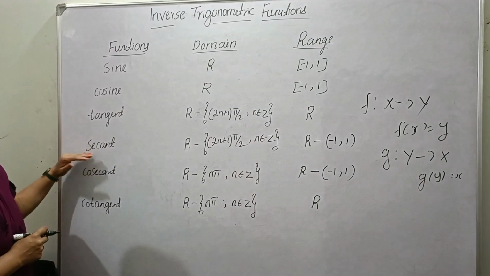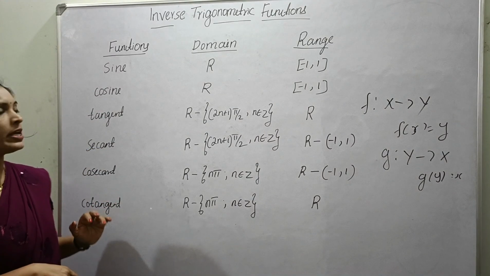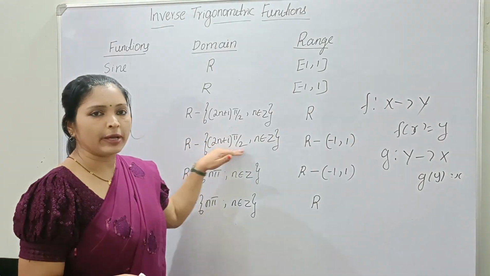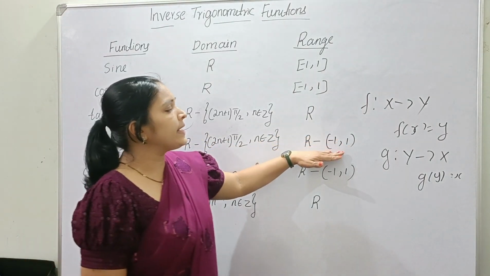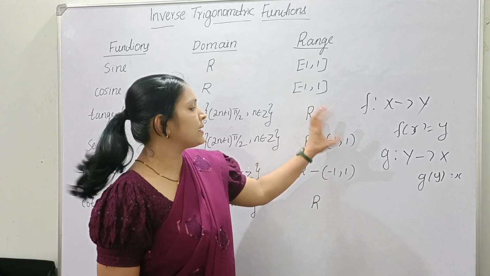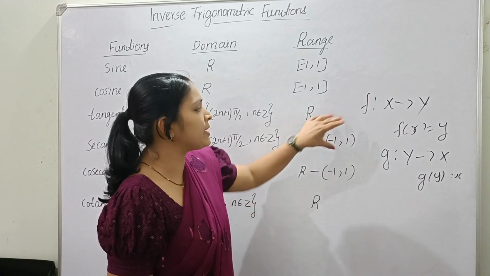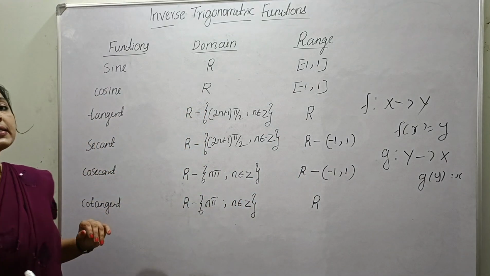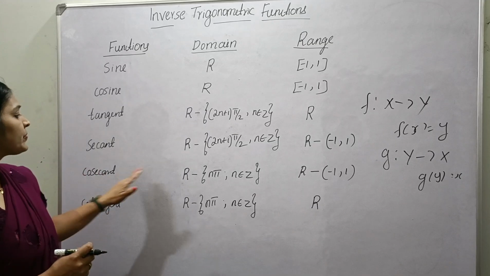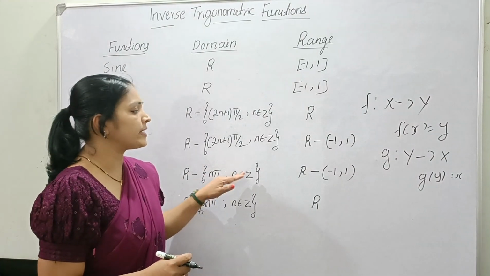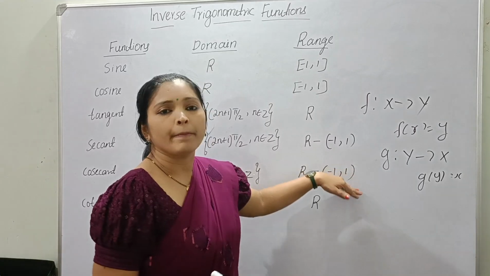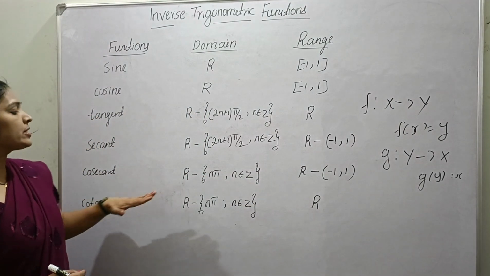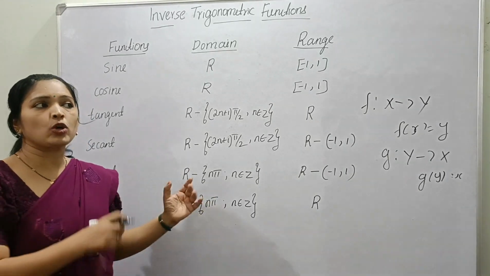Secant, that is 1 by cos, has domain R minus (2n+1)π/2, n belongs to Z, and its range is R except (-1, 1). Cosecant, the reciprocal of sine, has domain R minus nπ, n belongs to Z, and range R except (-1, 1). The last one, cotangent, has domain R minus nπ.